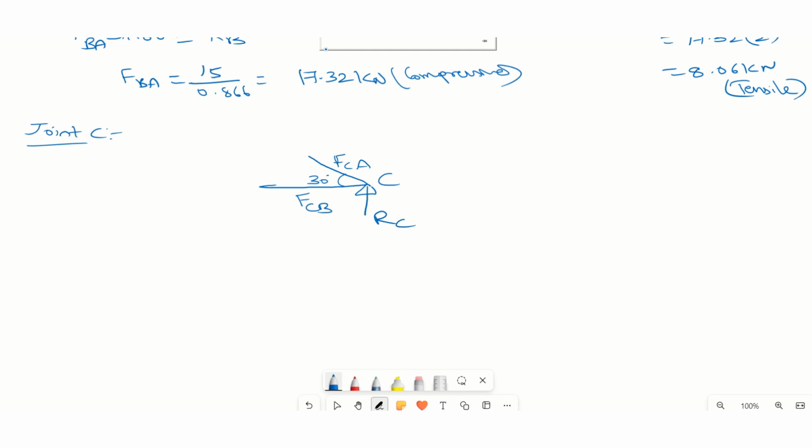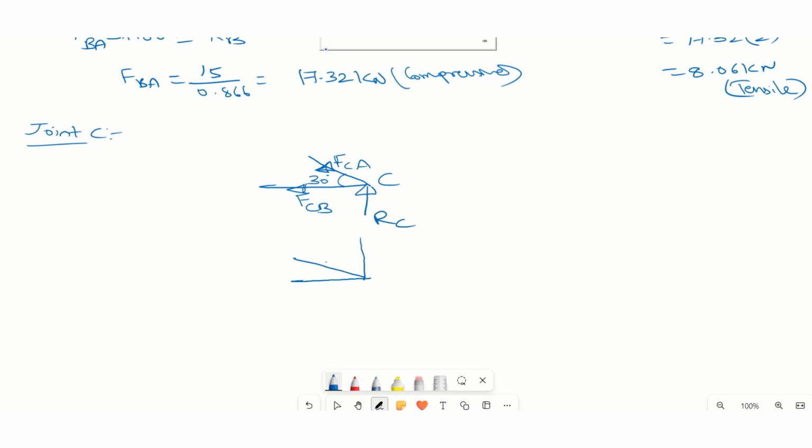In this joint C, we have already calculated BC, which equals CB. Now you have to apply the sum of the vertical first. For the horizontal component, this one is away from the joint and this one is towards the joint. Now draw the inclined member components.